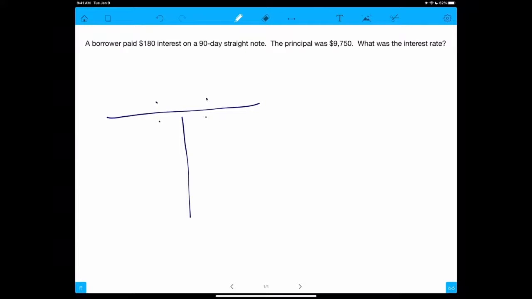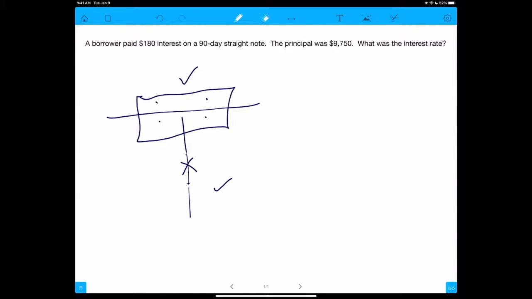Now remember, we want to put our mathematical symbols on the T. If we have the 2 on the bottom, we know that we multiply, correct? If we have 1 on the top and 1 on the bottom, what does our math tell us to do? It tells us to divide.